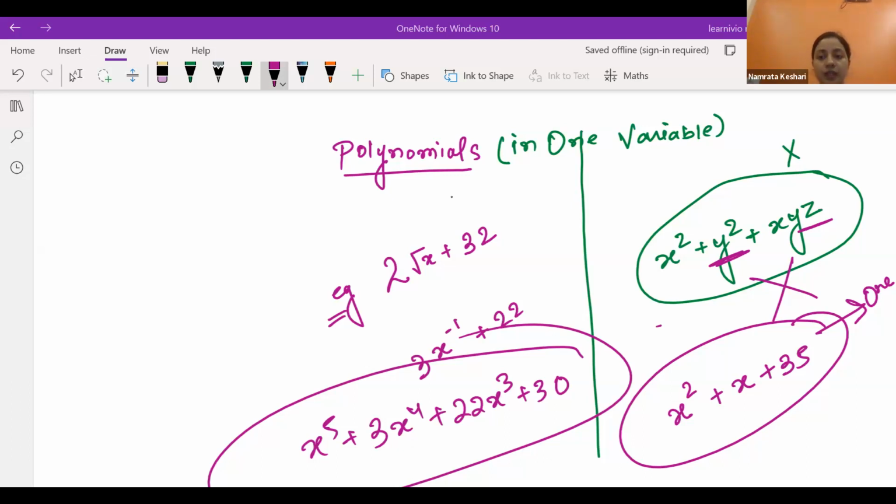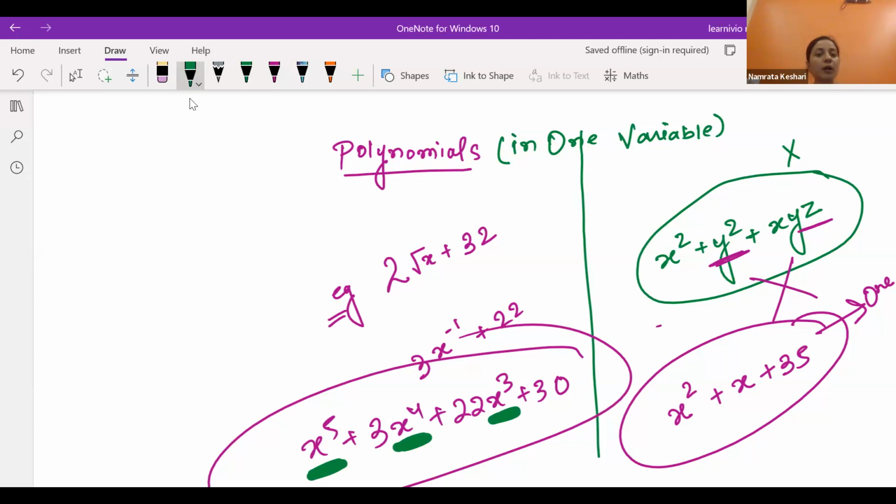So yes, as many times as possible, it doesn't have any impact. It will still be a polynomial. Now the second rule is that the power of each and every variable has to be a whole number. So here x, here x, here x, we are just checking the power of the variable.